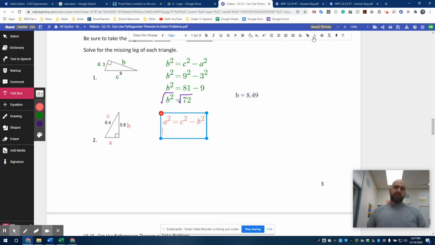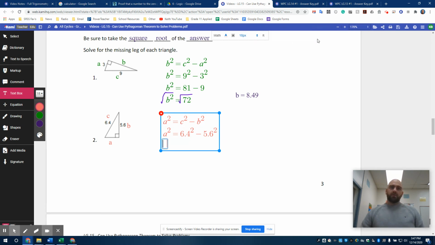You'll notice that in this case, the B is after the C. So it's always C minus A or C minus B every single time. Plug in the values that we know here. So C is 6.4, so it's 6.4 squared minus 5.6 squared.